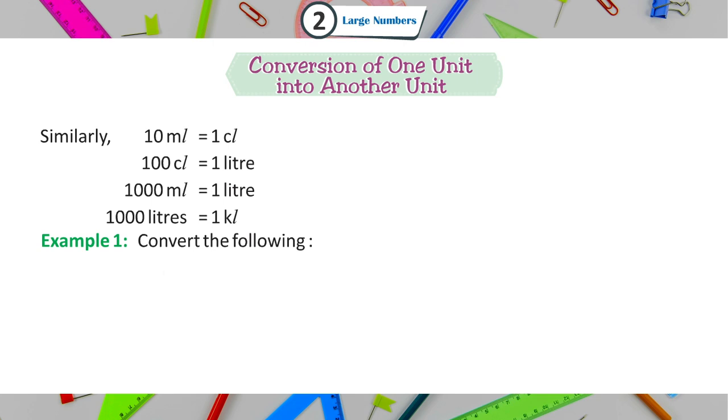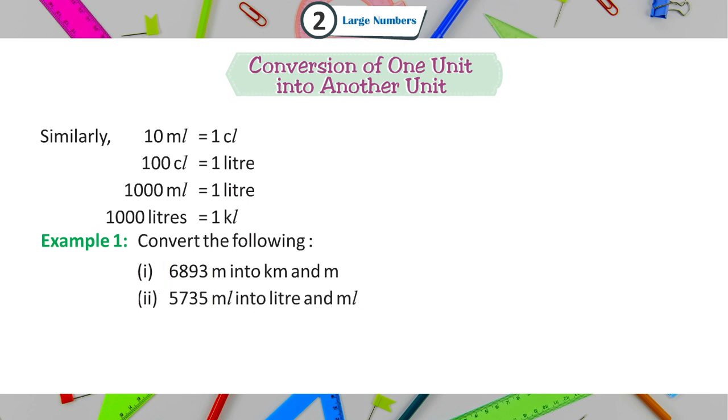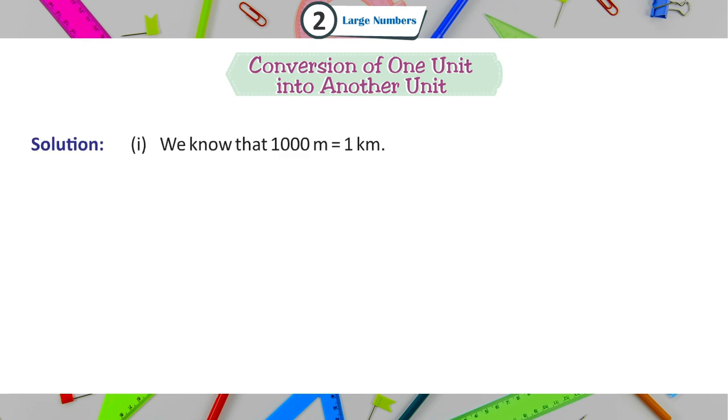Example 1. Convert the following. 1. 6893 meters into kilometers and meters. 2. 5735 milliliters into liters and milliliters. Solution 1.